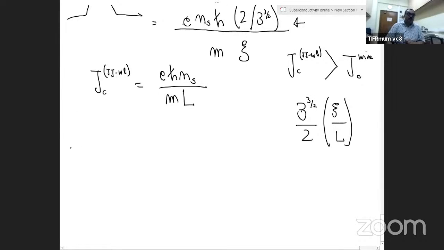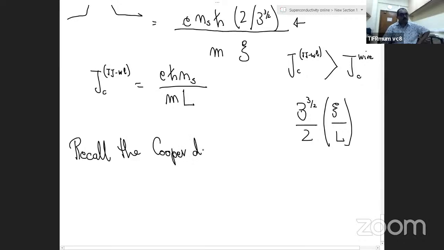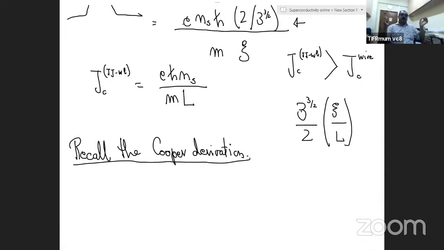So this is something I want you to go back and compare. Recall the Cooper pair problem and Cooper's derivation of the pairing.